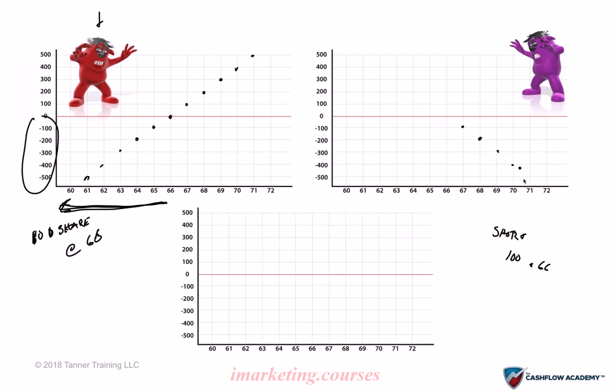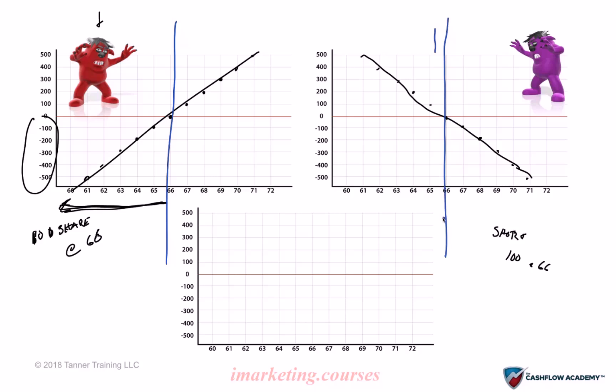And so all of a sudden I get this graph that is equal and opposing this graph. They're equal and opposing, aren't they? So what's interesting is if I draw a line, let's just use a blue pen right here, on this graph my monster's on this side. Watch, on this graph, let's get on 66, my monster's on this side.